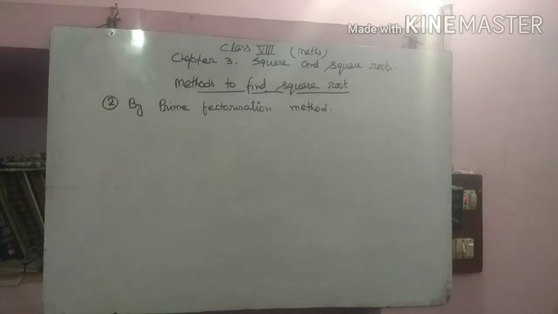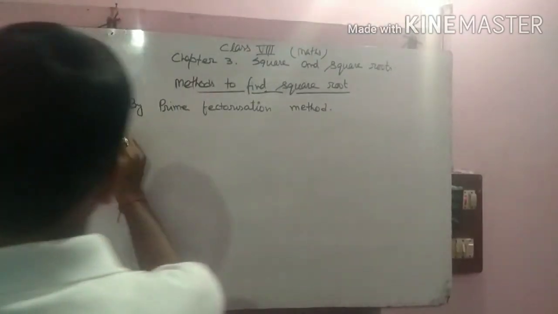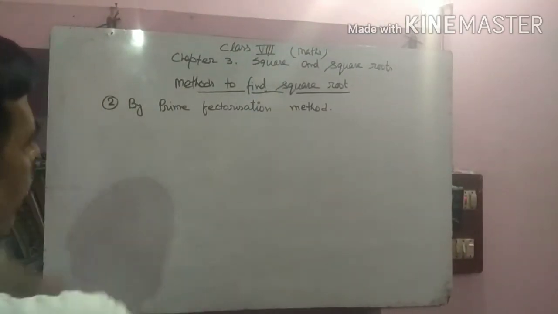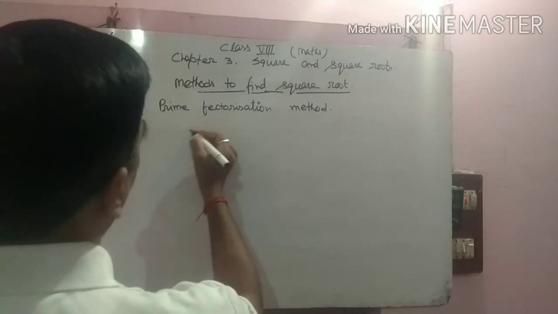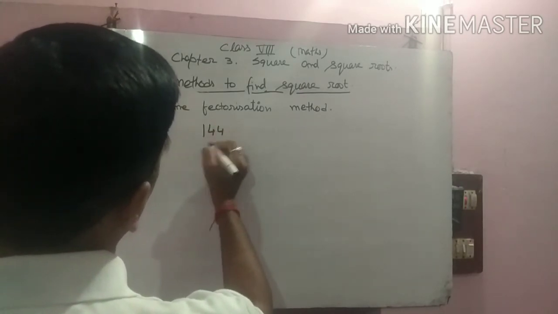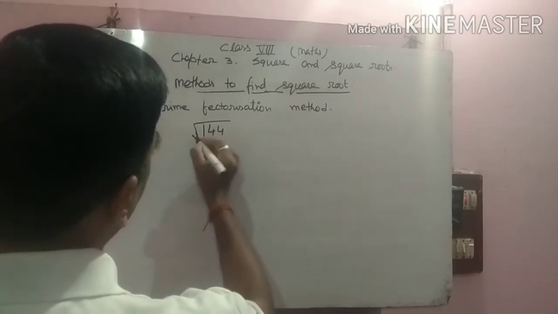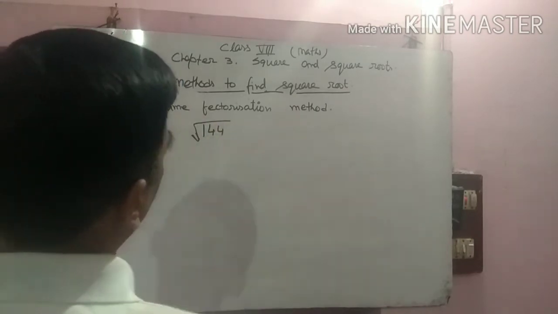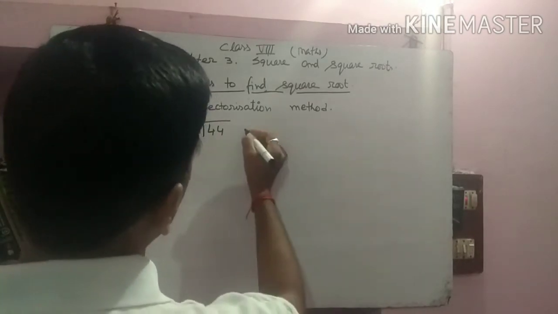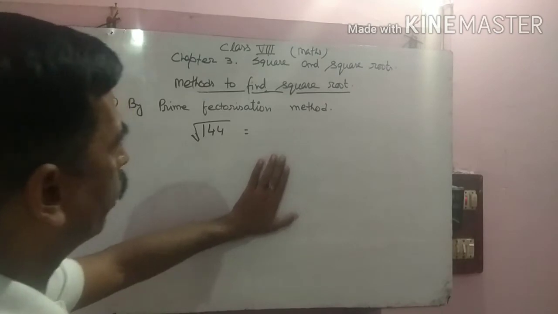The second method is the prime factorization method. As you know, 144 is a perfect square. So we have to find the square root of 144.